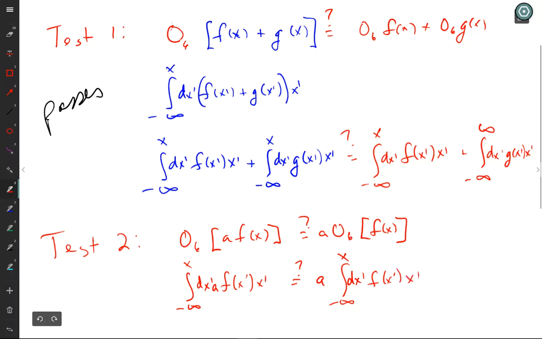And so the fact that A is a constant means that you can bring the A out and it passes.